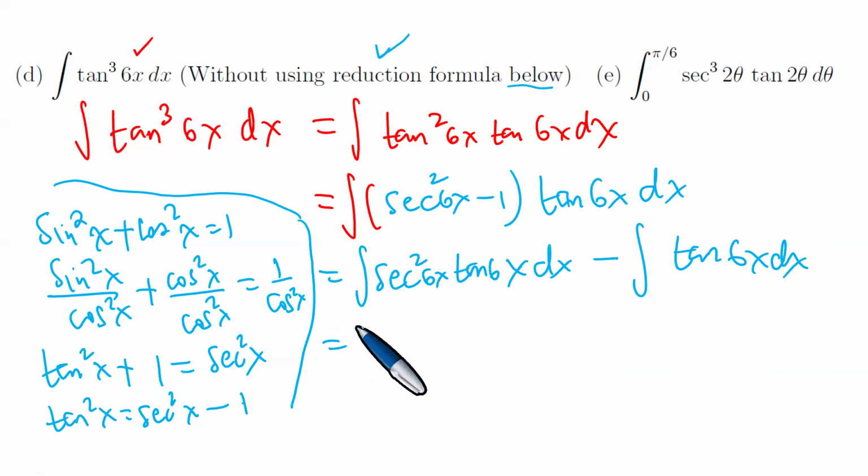Right. It is by multiplication, because if you distribute this one, it's going to multiply that as well. So if you let u be the tangent, then the derivative of the tangent is the secant squared. So that's 1/6.